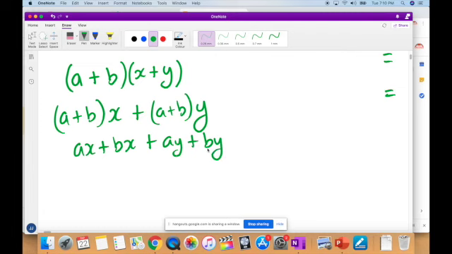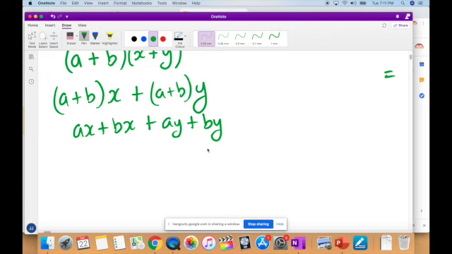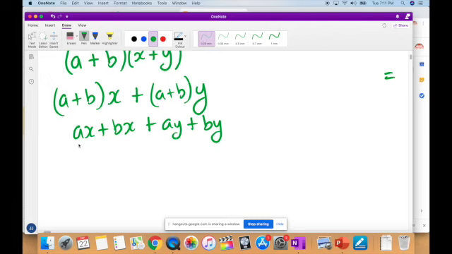Everybody cool? Yeah. Caitlin, you alright? Yeah. So you could see here that the a is being multiplied by both the x and the y. And you could see here that the b is being multiplied by both the x and the y. Are you okay with this?